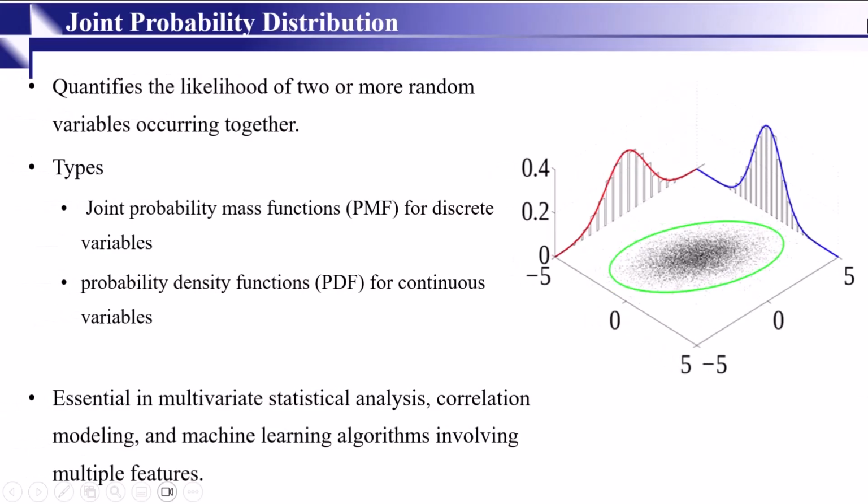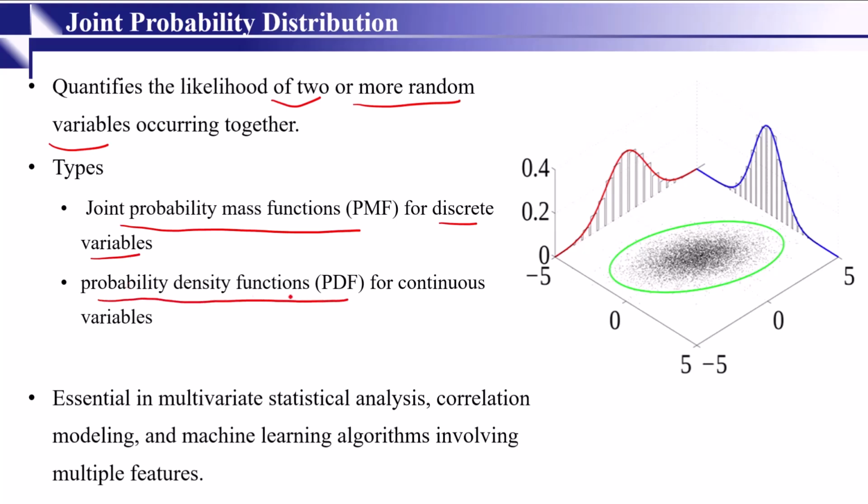So once again, a joint probability distribution describes the probability of two or more random variables occurring simultaneously, capturing the likelihood of different combinations of outcomes. We have the joint probability mass function for discrete random variables, and also the joint probability density function for continuous random variables.